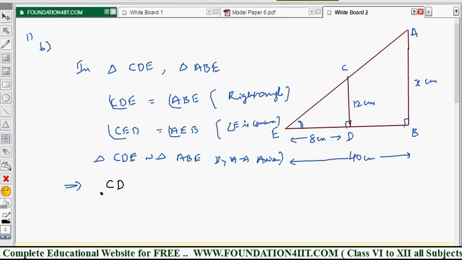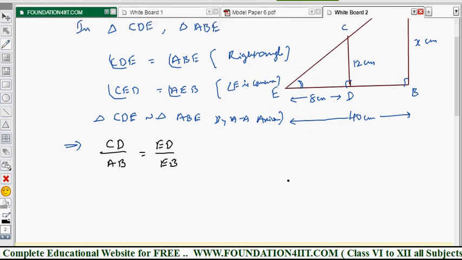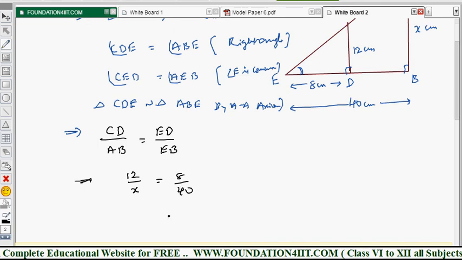Then you can take CD in the first triangle divided by AB in the other triangle, again ED by the total EB. Just substitute the values. CD is 12, AB is x which we have taken, and this is 8 and this total is 40. So from this you can find the value of x.